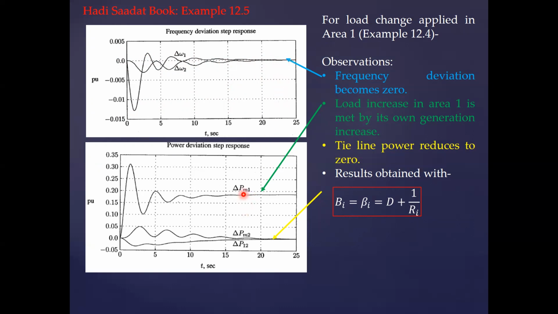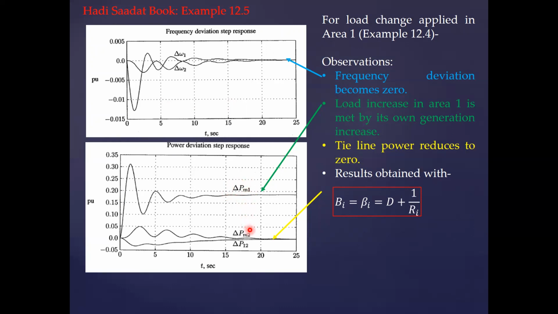And second part, you observe that since the load change took place in area 1, you have the turbine power with some transient response, but it settles down to a steady state value. So this is the amount of change in the turbine power in area 1.